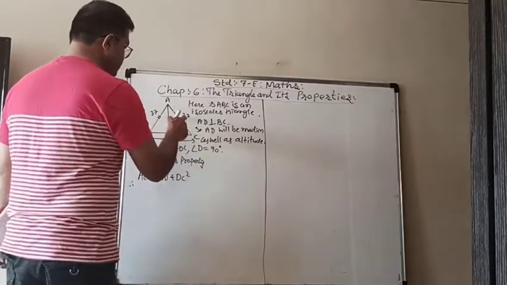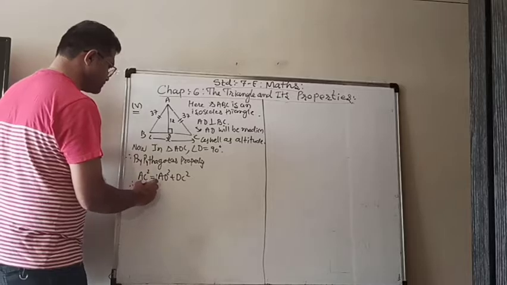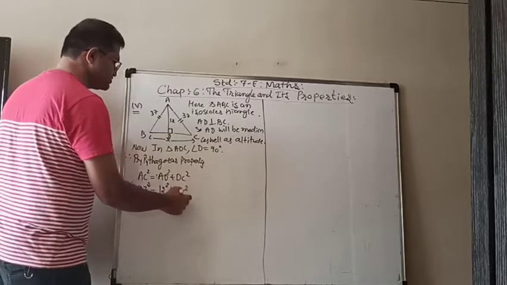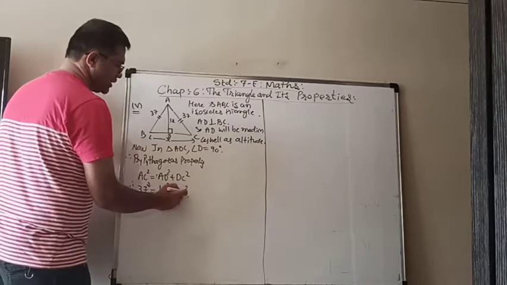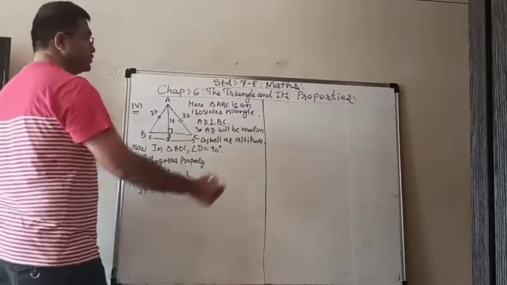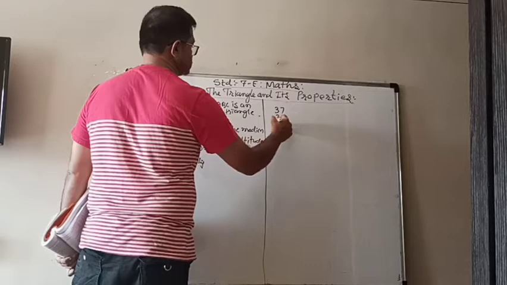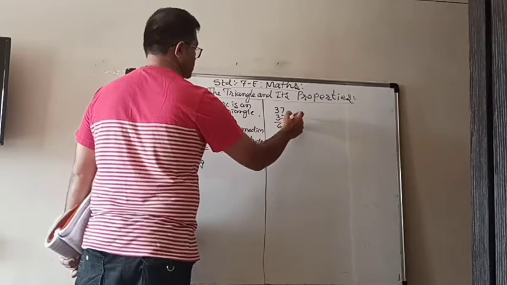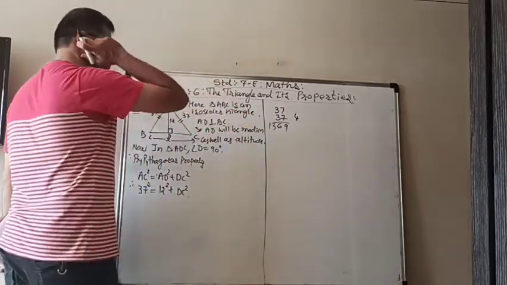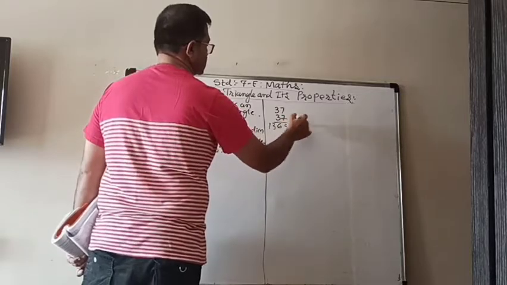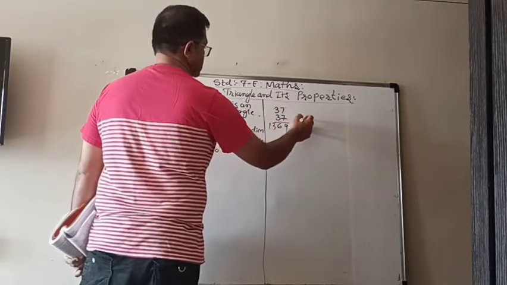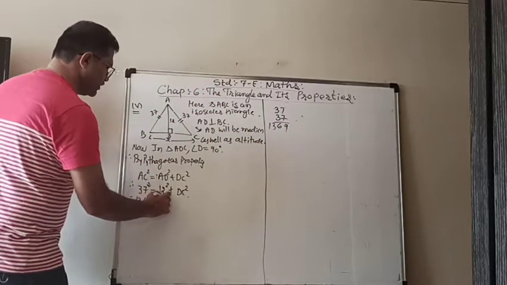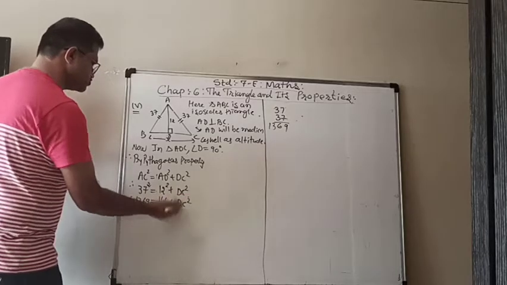But here AC is already given, so 37 square is equal to 12 square plus DC square. DC is not given. Now the square of 37 is 1369. So 1369 is equal to 144 plus DC square.